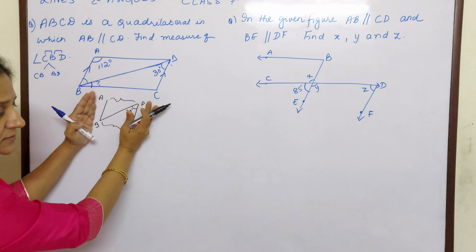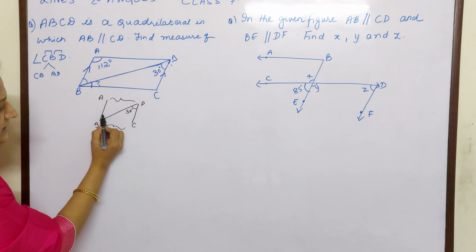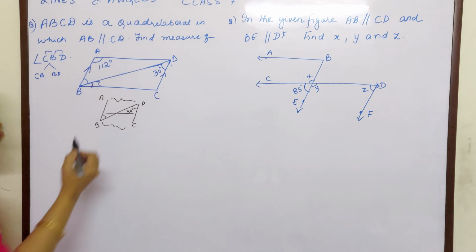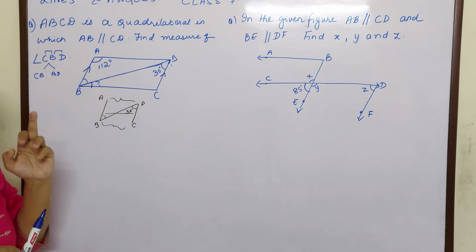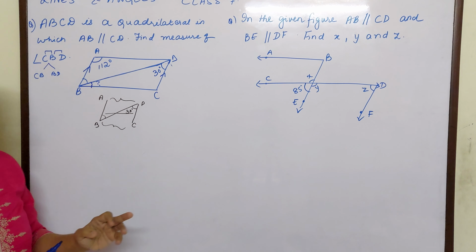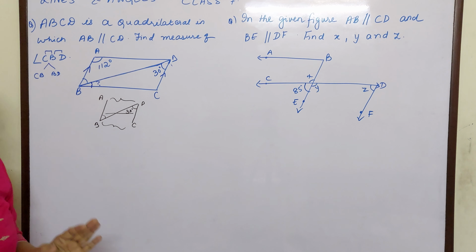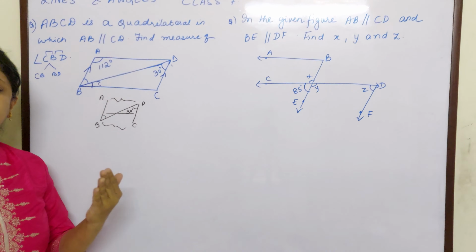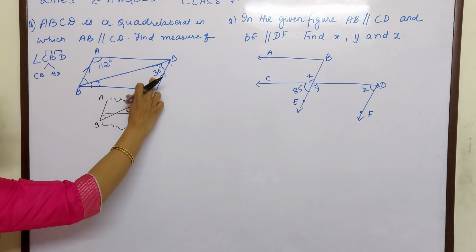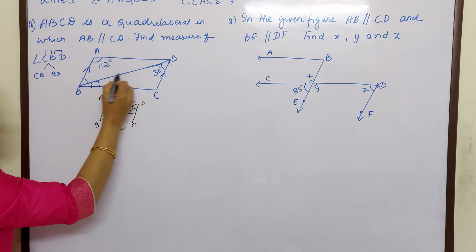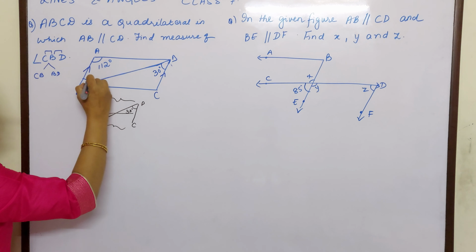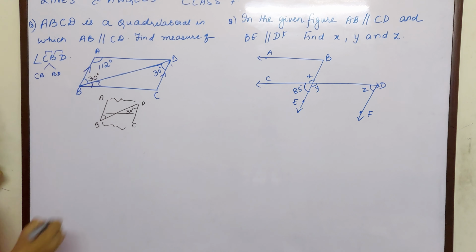Inside the box, and this is forming a crisscross. So which angle is this? Yes, it is alternate interior angles, and because the lines are parallel, alternate interior angles are equal. So if this is 30, this also will be 30 because they form a crisscross. So now this becomes 30 degrees.